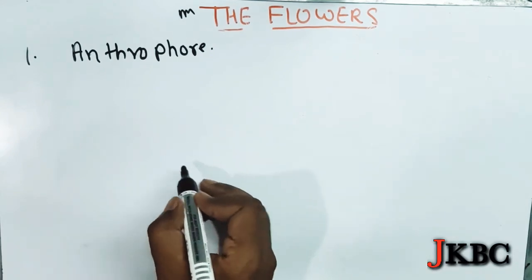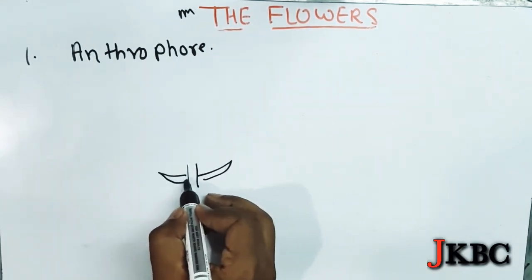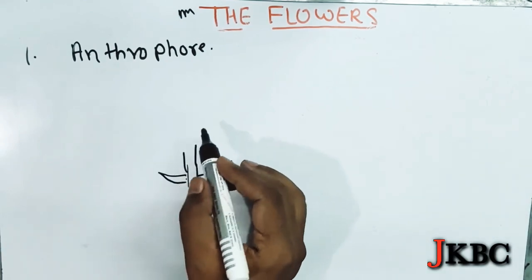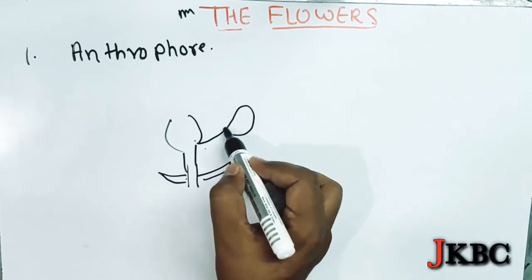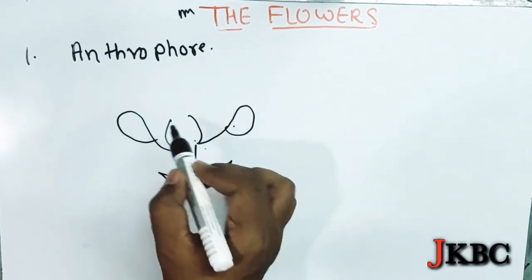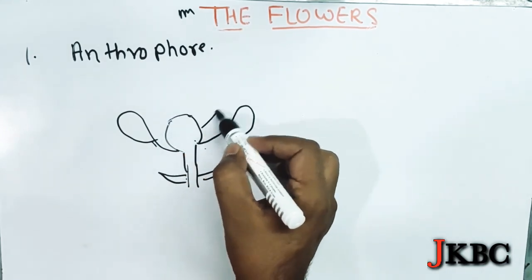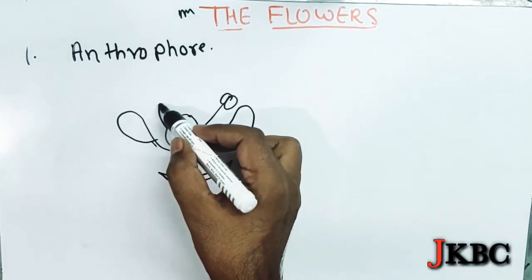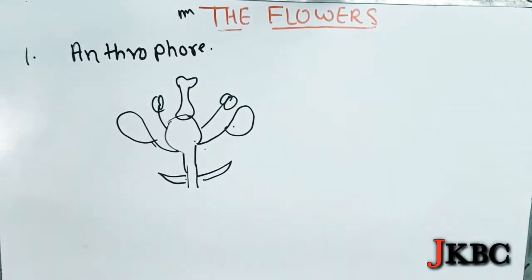If the calyx, the first part, and the corolla, the second part, are both located far apart from each other, then this is called anthophore, and this is your gynoecium.